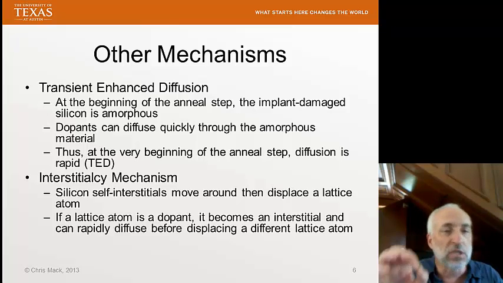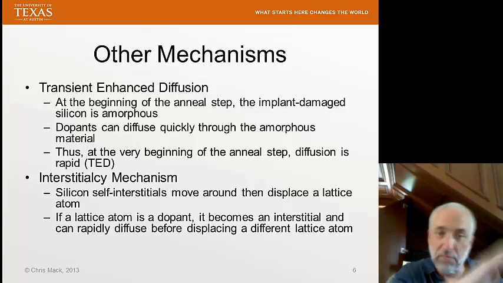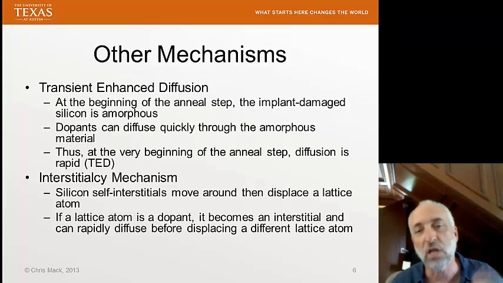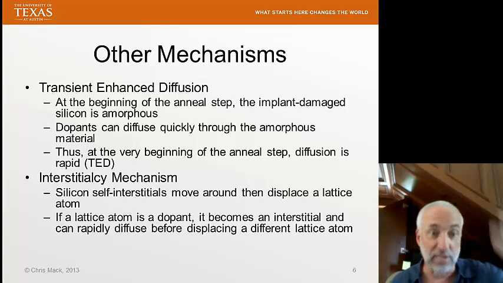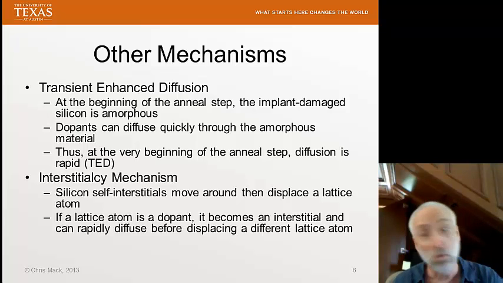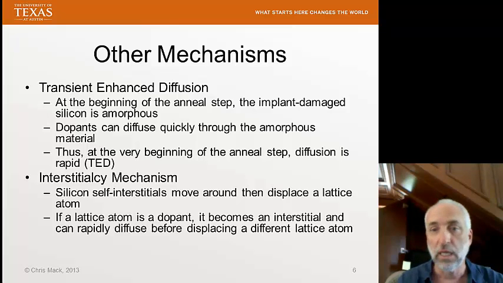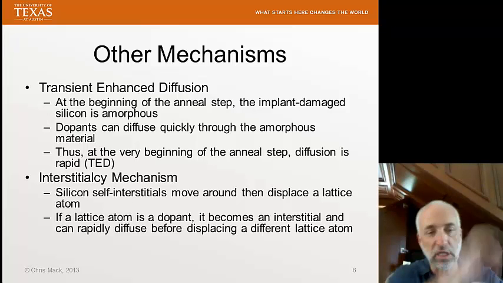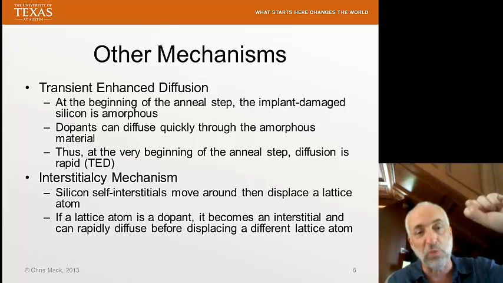So these silicons move around very rapidly, and then every now and then one might swap places with one of the crystal lattice atoms. That crystal lattice atom that it swapped places with is now an interstitial. Well, sometimes, every now and then, it will swap places with a dopant. So you have a dopant in the crystal lattice, an interstitial silicon moves around and displaces the dopant.